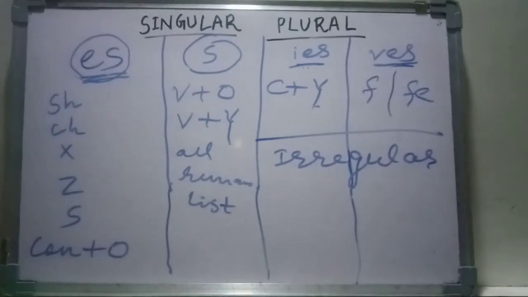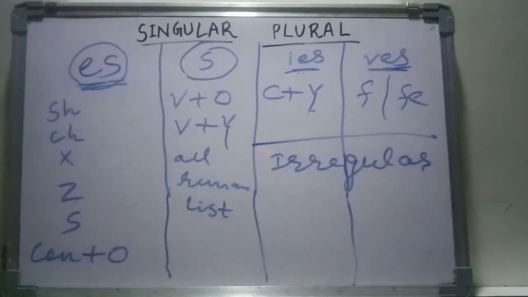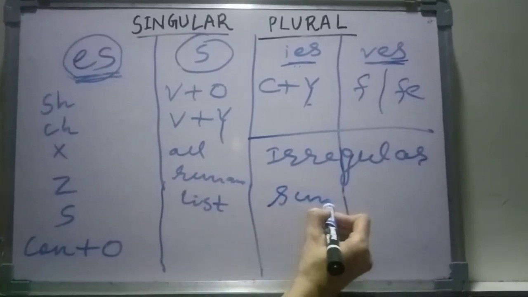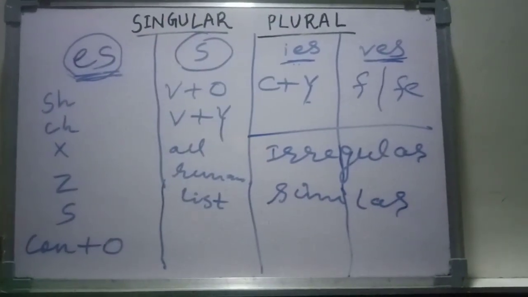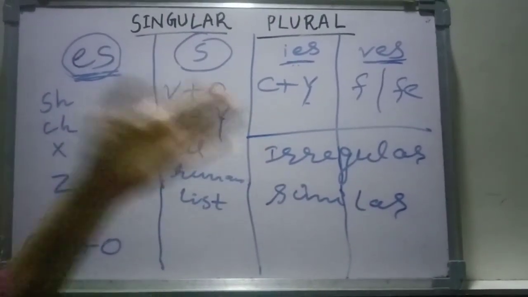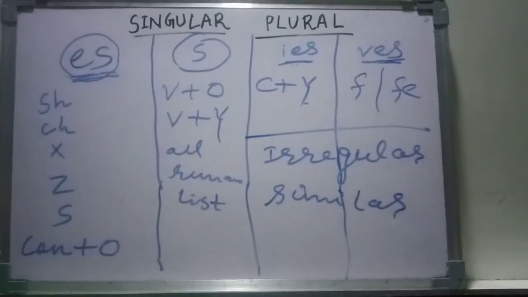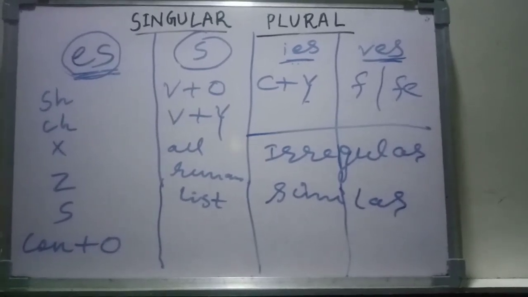There is a list of words for this, but regularly these few words are used. And apart from irregular, there are some similar words for which the singular and the plural remain the same, like ship, ship, fish, fish, deer, deer, news, news. Again, there is a list of words for this, but commonly these words are used.